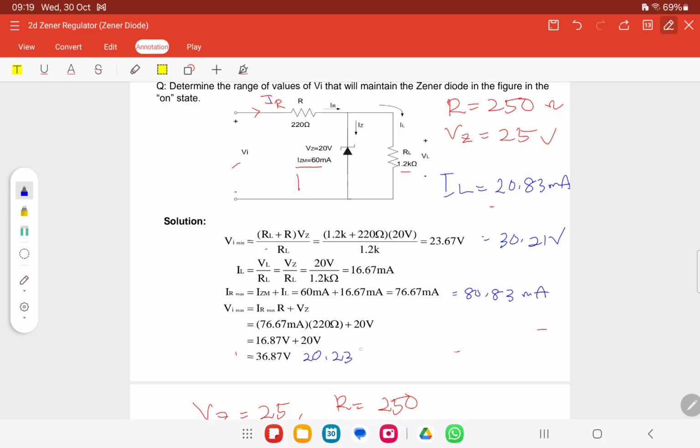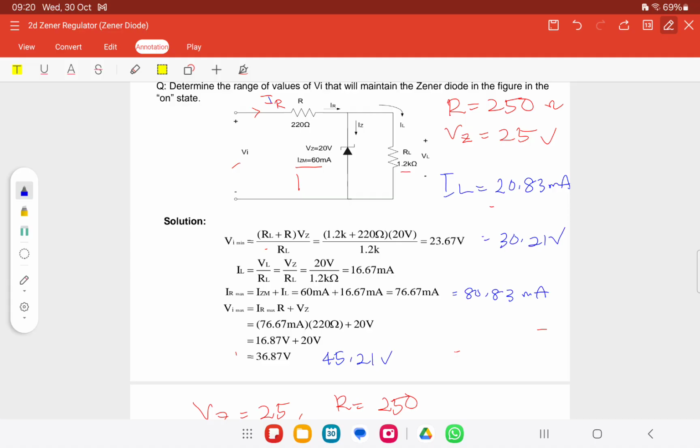Kenapa kilo? Yang ni tak ada kilo pun. 45.21. Okay. Betul lah. Kan? So, still dapat yang atas min, yang bawah still max kan? Okay. So, betul lah.